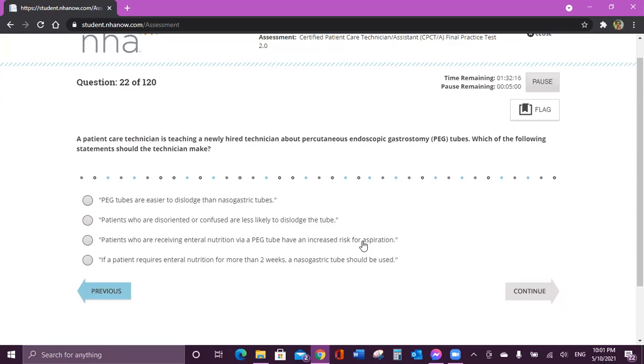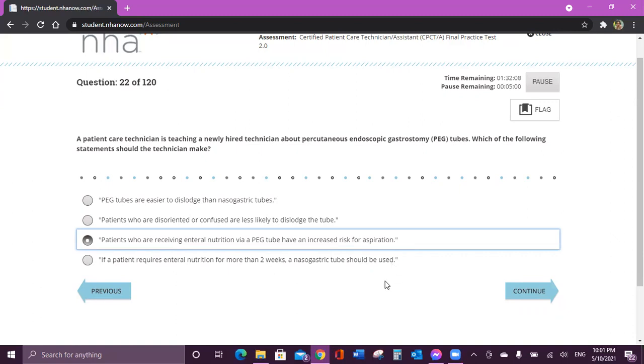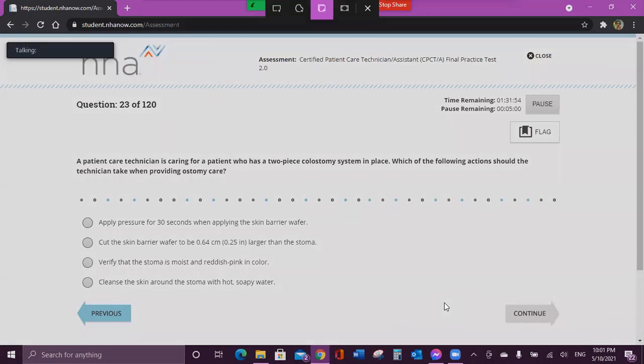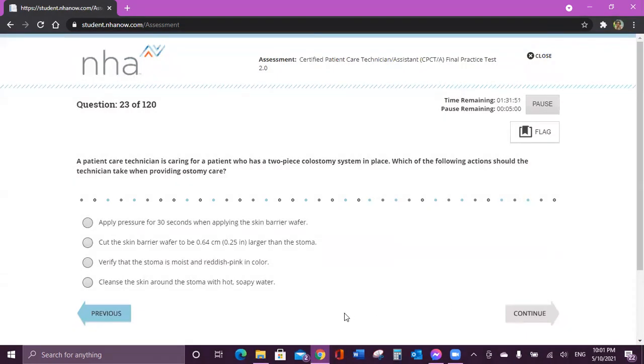That's what that means. Yo creo que esta: patients who are receiving enteral nutrition via PEG tube have increased risk for aspiration. Yeah, that's the one, porque ese tiene alimento, ¿sabes? Estás recibiendo alimento por ahí. Tú sigue dándole ese botón.